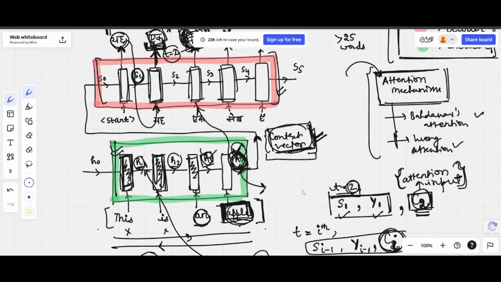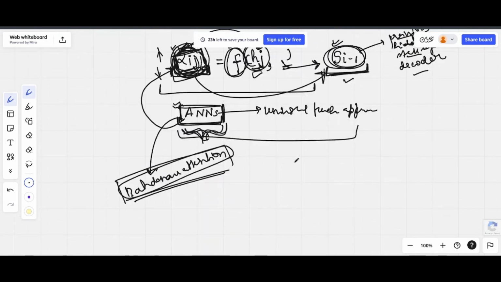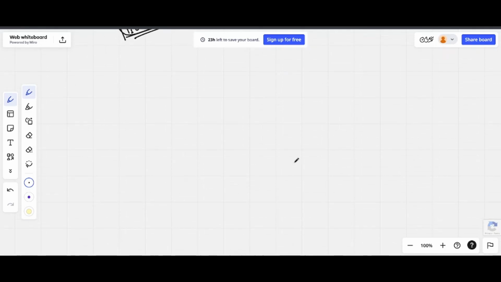So this input at time step t equals 2 is actually the output of time step t equals 1. Since we represent outputs by y, it should be y1. So that is why here it should be s1, y1 and c2, and here it should be si minus 1, yi minus 1 and ci. Now let's move back to Bahdanau's attention.